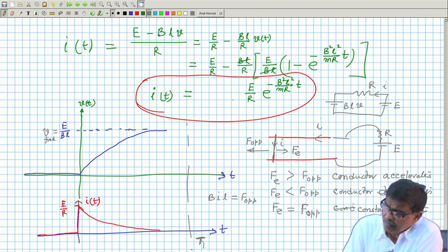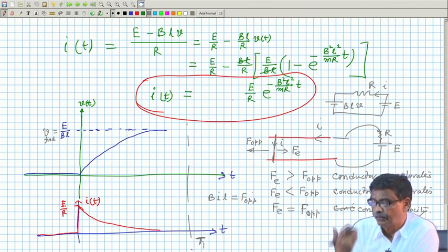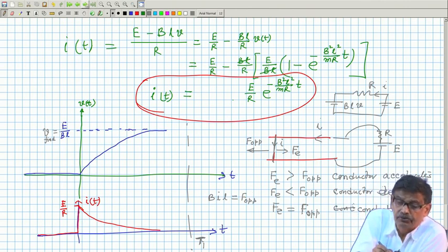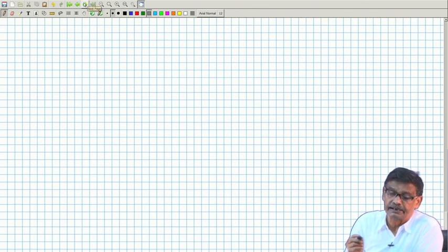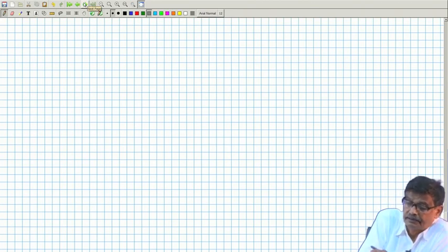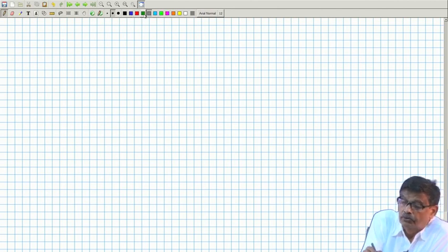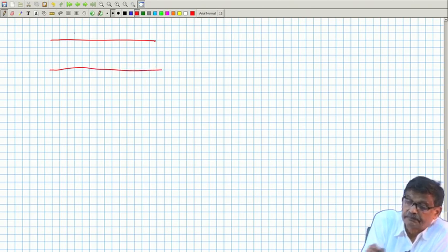Therefore, if somebody is to say that in general for a practical system, I will say that you have a motor mode of operation, for example, in this case, this is the conductor.